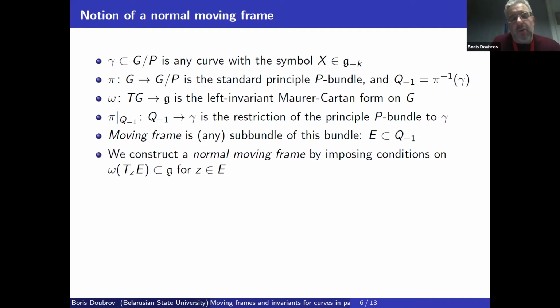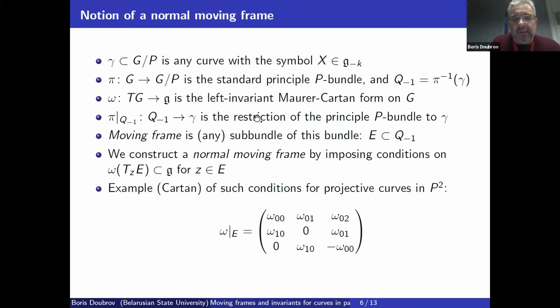And I recall that we construct a normal moving frame by imposing conditions on values of omega on our subbundle. So we look at what kind of subspaces we can get if we apply omega to our subbundle, and we impose linear restrictions. That's very important: all our conditions would be linear restrictions on this space.